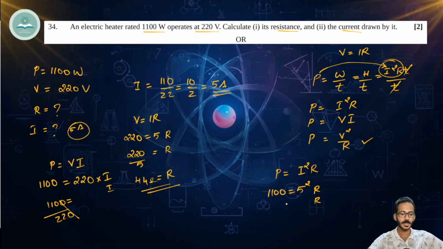So R is equal to 1100 divided by 25. So 5 5s are 25, 5 2s are 10, again 5 2s are 10, 220 by 5. Again we are getting the same answer. 220 by 5 is equal to 44 ohm. So any method can be used, either this method or this method.